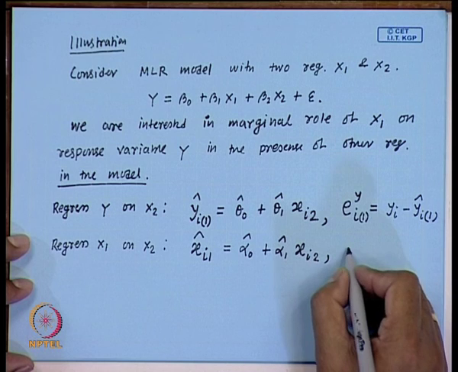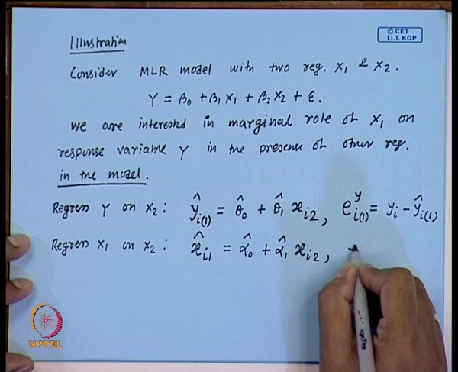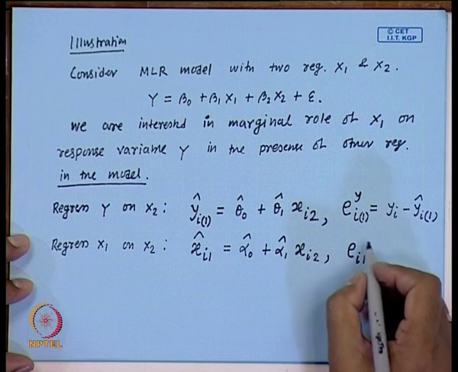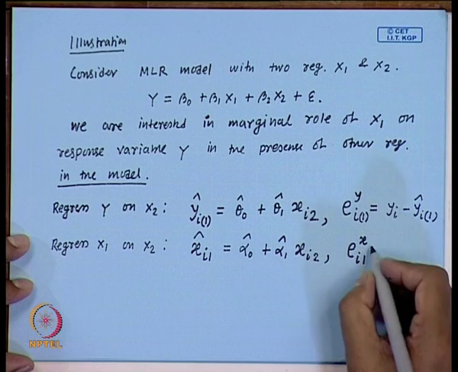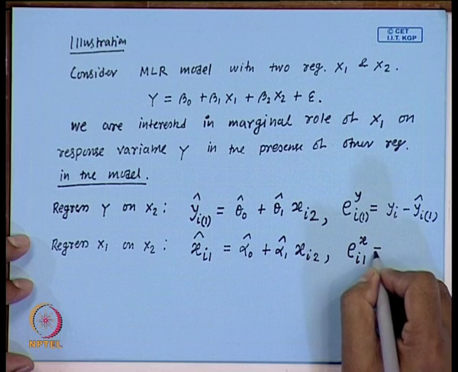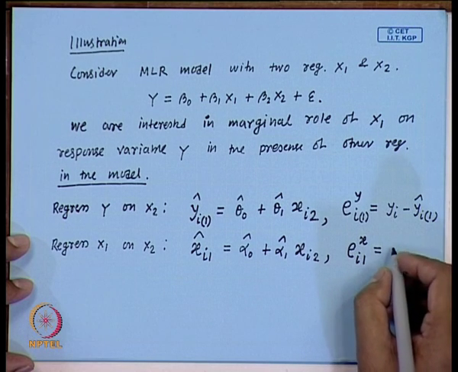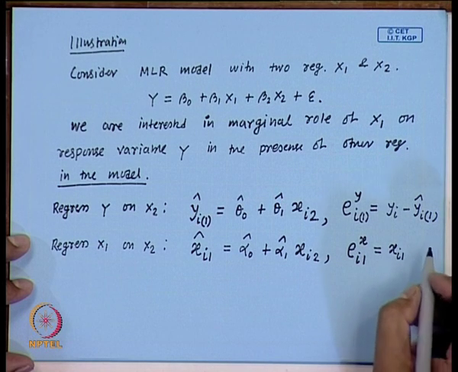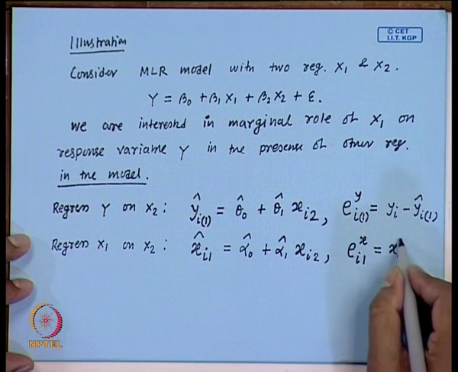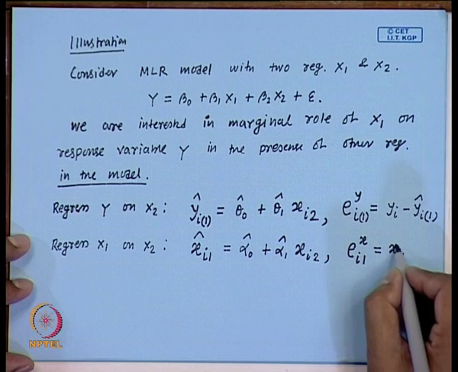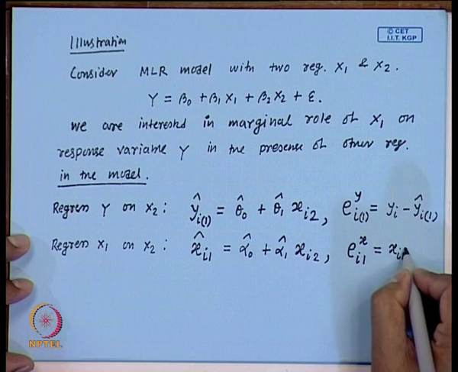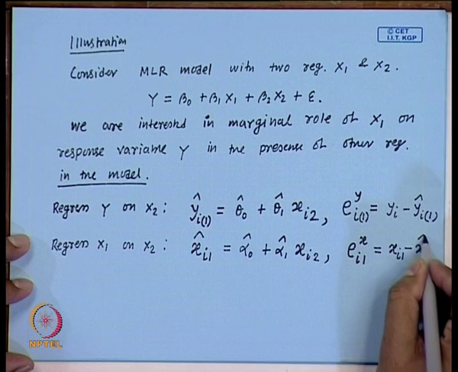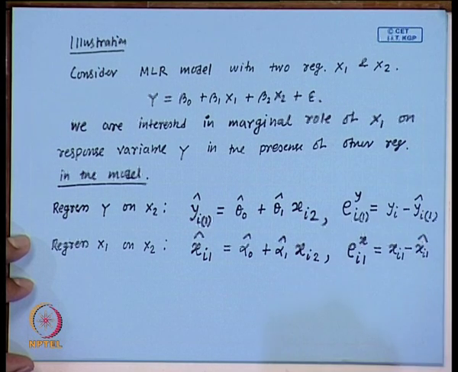So, here the residual is e_i1 x, maybe a little complicated notation. x_i1 is the original value of the first regressor, I am talking about the ith observation, minus x_i1 hat.